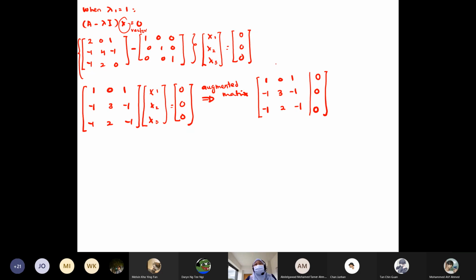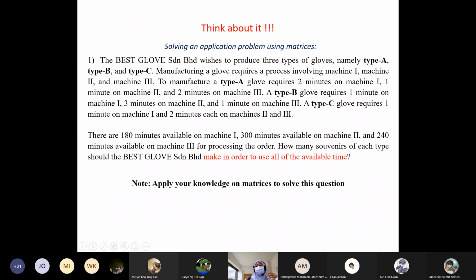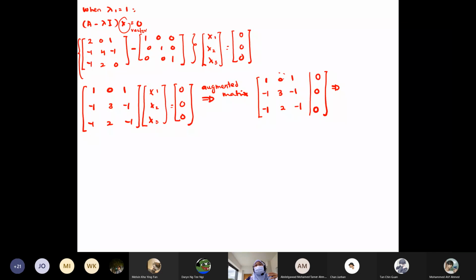If you have any other value here, for example 2, you might need to do the row operation so that you can reduce the variable. This element is already 0, which means you have already reduced the variable.